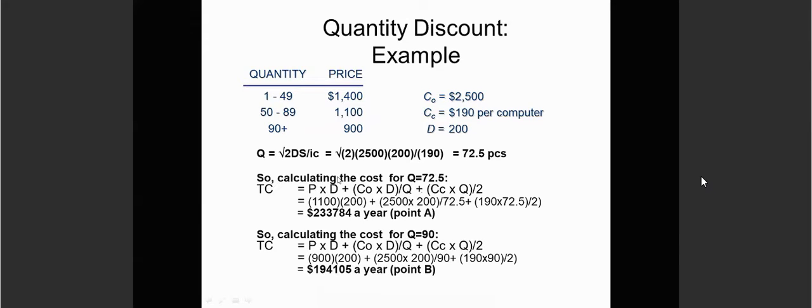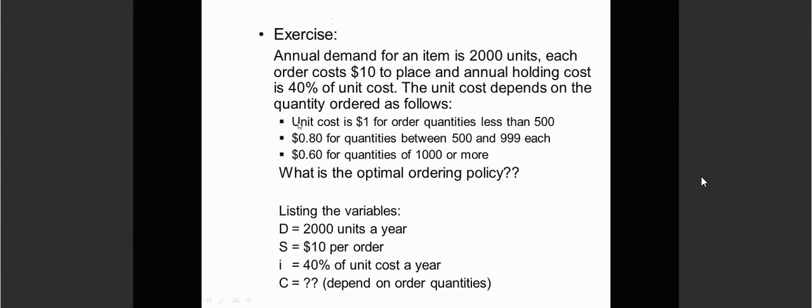Because as a rule of thumb, if we include this price in our calculation, of course, the total cost for this order quantity and price will be higher than both point A and point B. That's why it is not necessary and has been excluded from the quantity discount analysis.